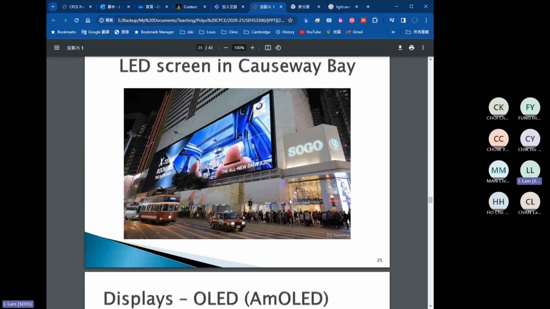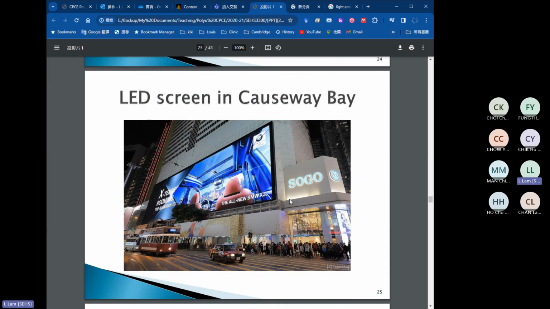If you look at how LED screens are being used around the world, one obvious example is the very big LED screen in Causeway Bay. I don't think it is a surprise to everyone, because this kind of outdoor screen always appears around us.